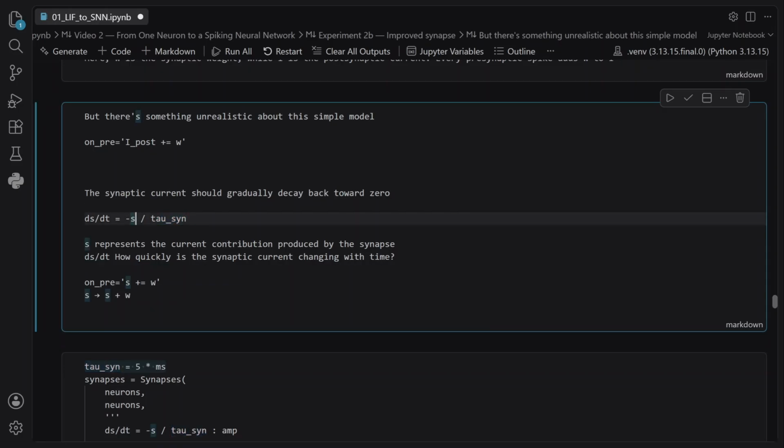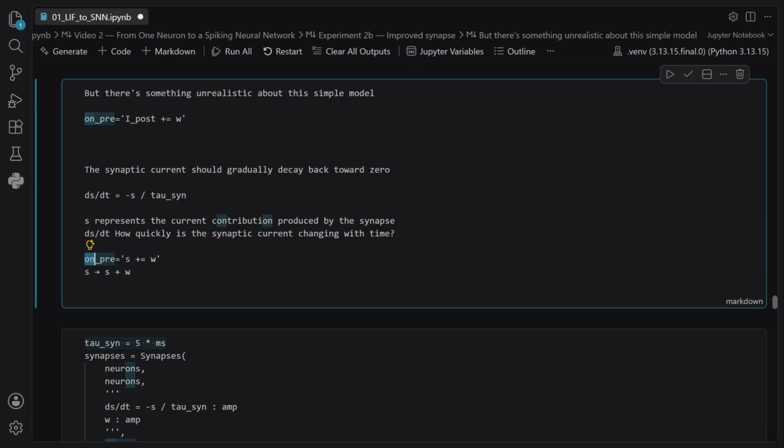Again, if you move this to this side and dt to this side, so s terms on one side and the other terms on the other side, you will again have 1/s ds, which, if you remember, when we integrated it, we got natural log. To remove natural log, we have exponential. So this is basically an exponentially decaying form.